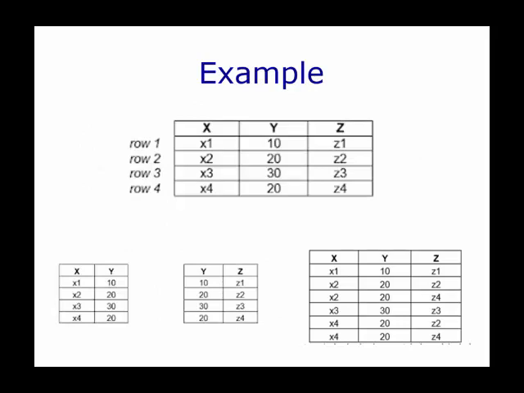This one table consists of three attributes, which are X, Y, and Z, and it consists of rows. We will try to decompose this table into two tables. So decomposition is a technique of breaking a relation into several relations.